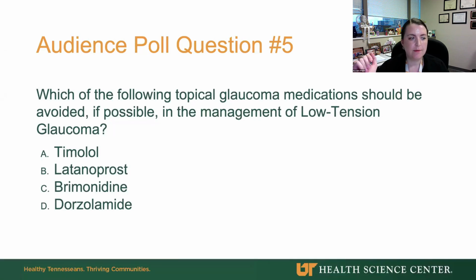That's postulated to potentially be due to contributions to blood pressure reduction and ocular perfusion pressure. So my first line topical treatment for patients with low tension glaucoma tends to be either brimonidine or latanoprost, followed by dorzolamide, and I try to avoid timolol.